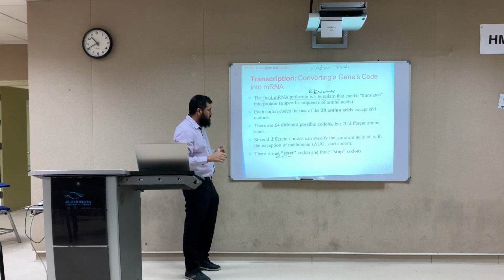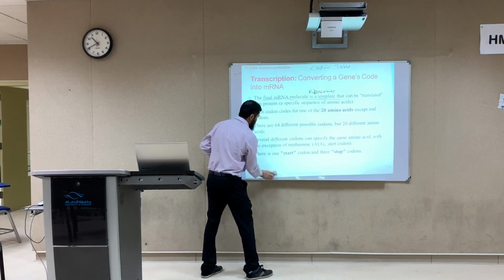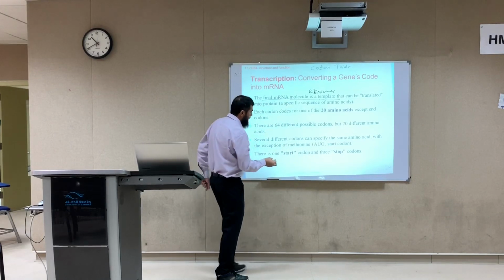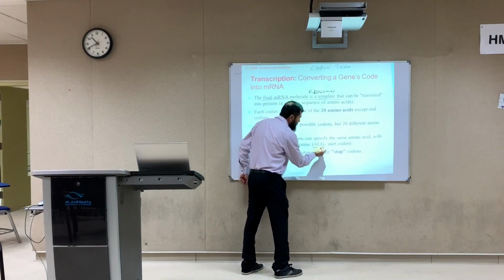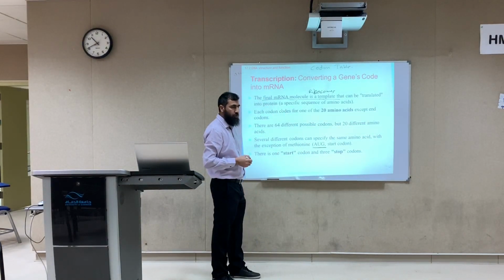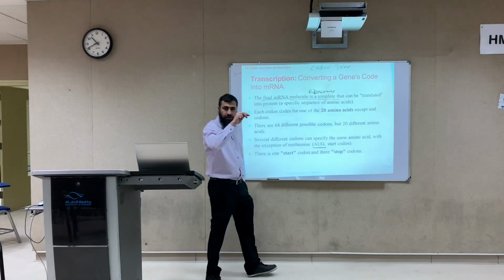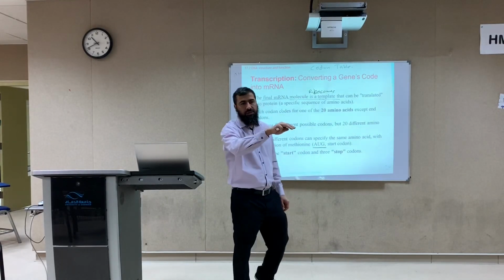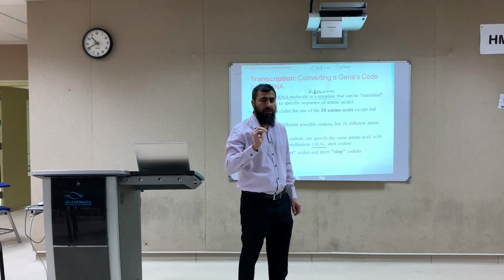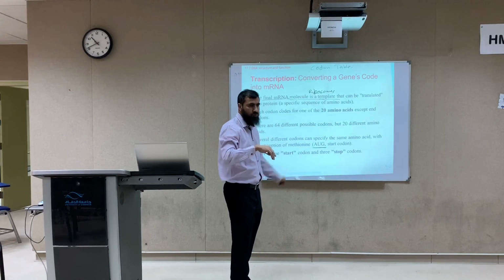What happens is ribosomes will begin translation from this start codon, okay? So this is where the triplet codons are converted into, or translated into, amino acids by the ribosomes, which we'll talk about tomorrow.